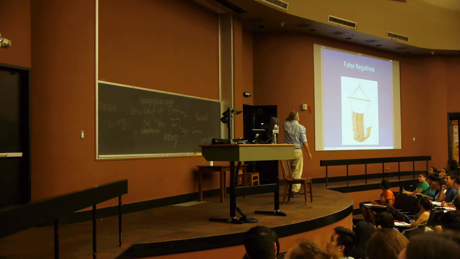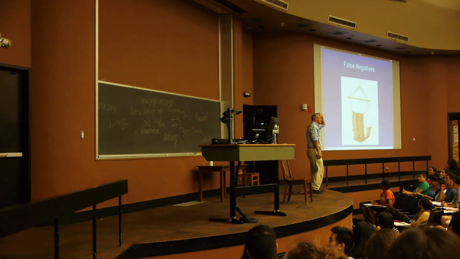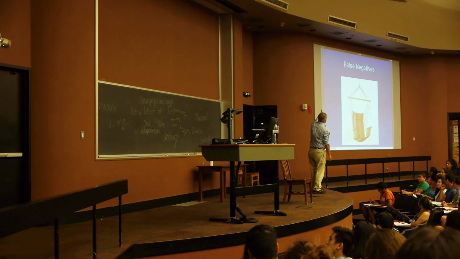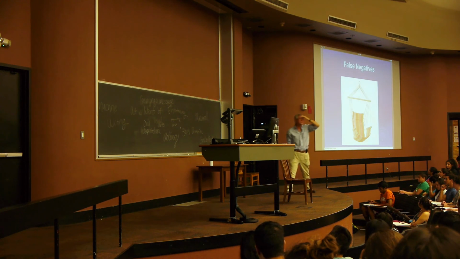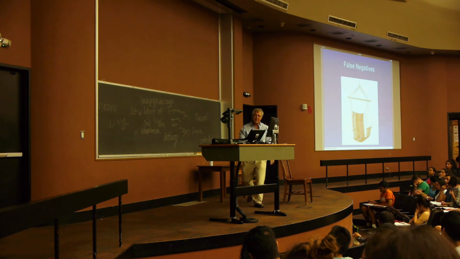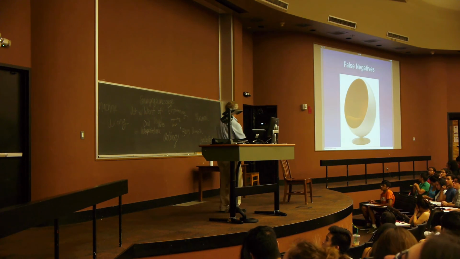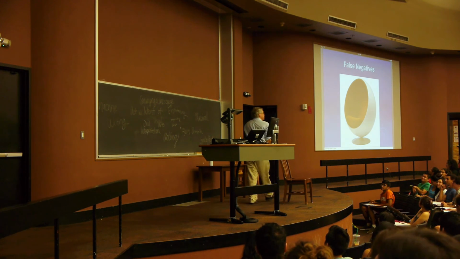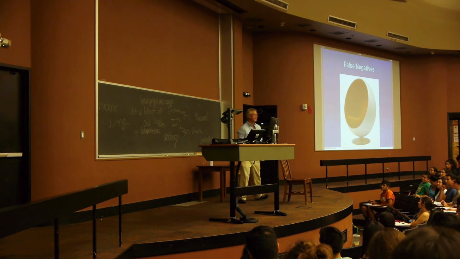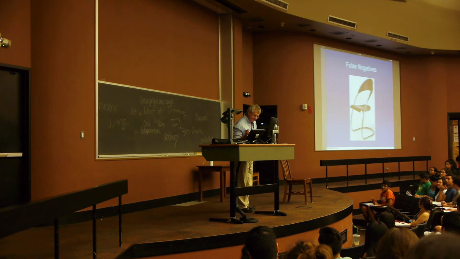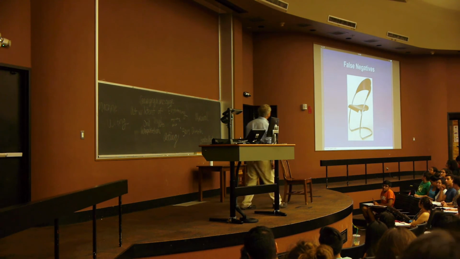Ooh, is that a chair? It's a hanging chair, right? And again, it has no legs at all. It does have a back. It is designed for one person to sit on. What about this? That's a chair, but it just has this one leg and it's sort of pod-like. What about that?